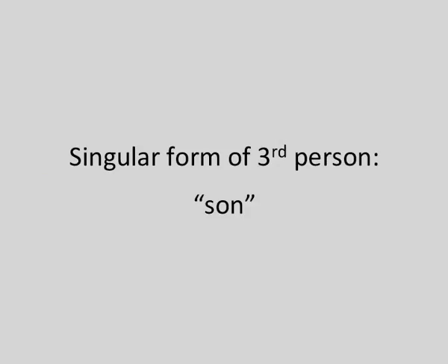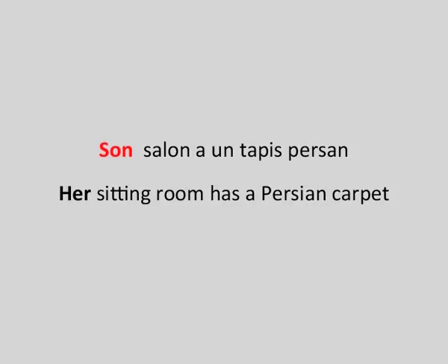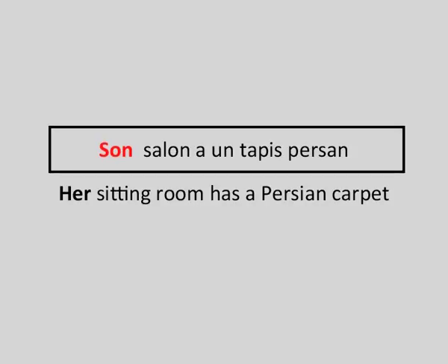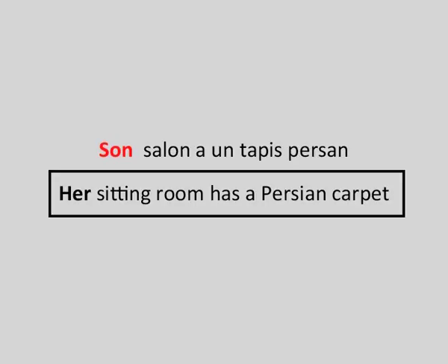Let me start by illustrating the three inflected forms associated with the singular form of the third person, son, sa and ses. I'll begin with the French possessive adjective son. Let's consider the following sentence. Son salon a un tapis persan. The English equivalent of this sentence is her sitting room has a Persian carpet.